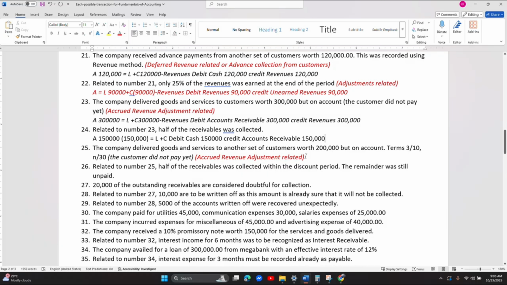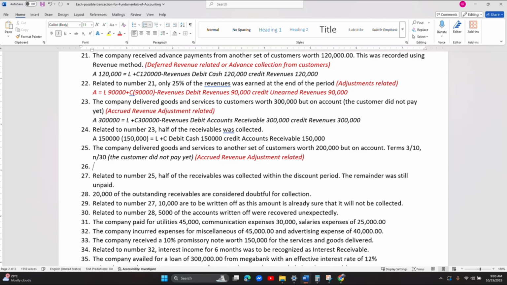However, there are no complications in this one because it's similar to the entry for number 24. The 3/10, n/30 will just play a very important role when we are already receiving cash from the customers. In this case, we are not yet receiving any cash, because they did not pay yet within the discount period or after it. So your entry will just be accounts receivable, 200,000, and you have to put on the capital also 200,000 increase, and the reason for that is revenues.